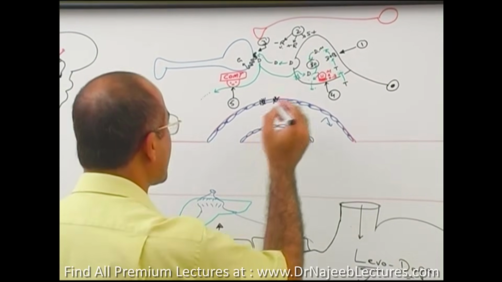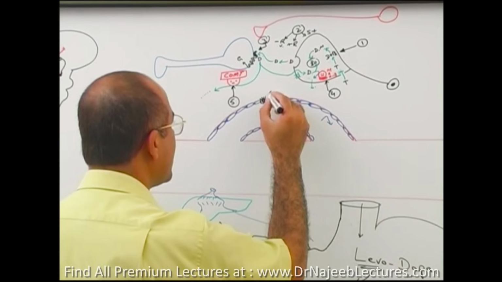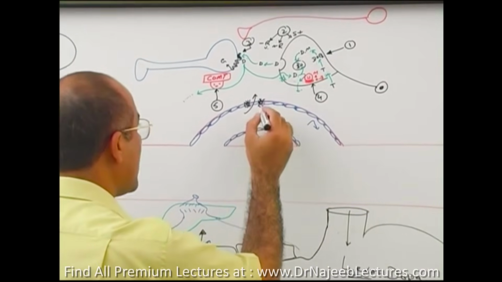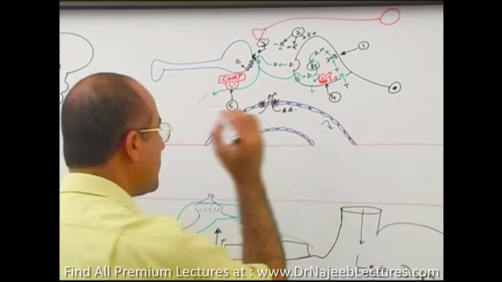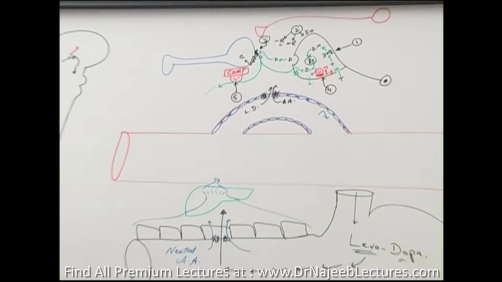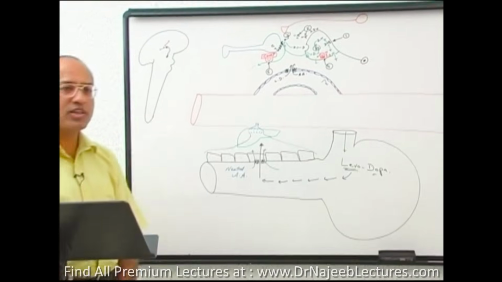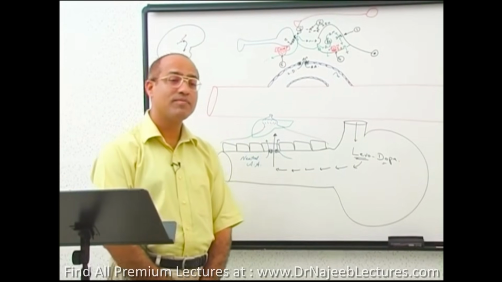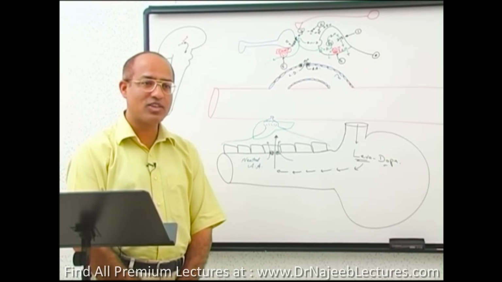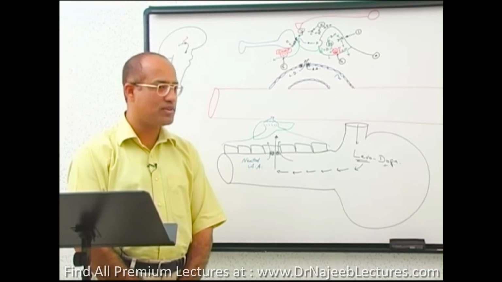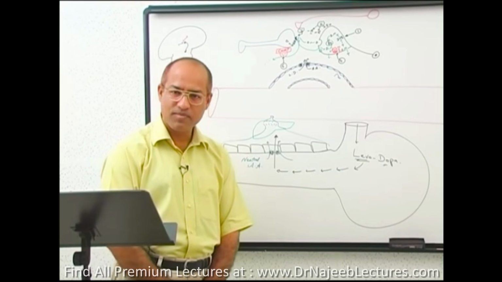So again, there is competition between amino acids and levodopa. It means it's better that the drug should be taken 1 hour before the meal, so that before the meal starts its action, the drug is already in the central nervous system. Is that right? Am I clear?